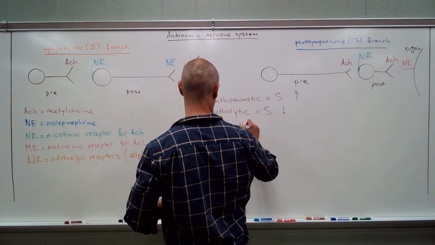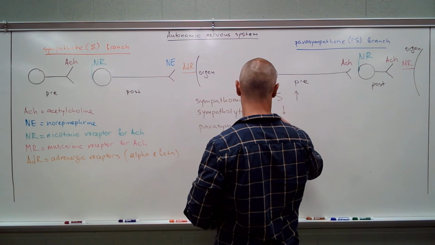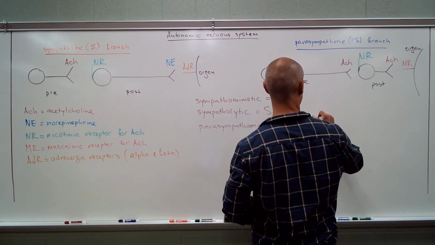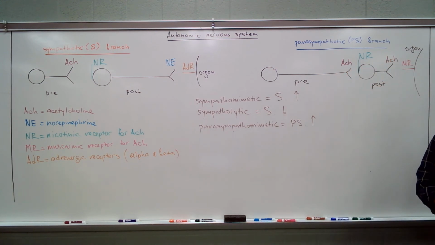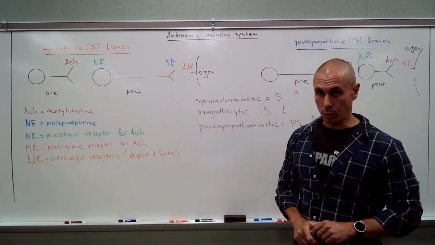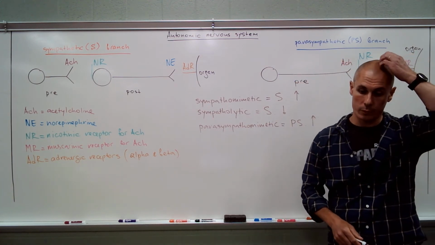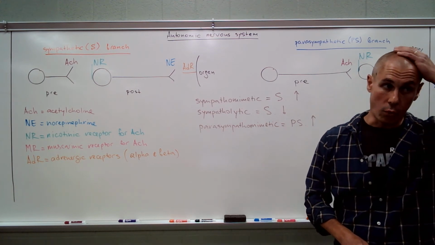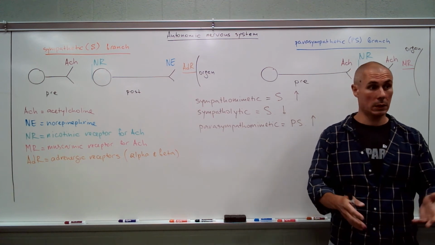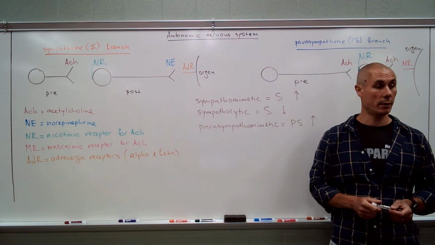In the same manner, parasympathomimetic will stimulate parasympathetic responses. I believe the drug is called bethanechol. It is used in patients who have issues with voiding, who can't pee. Bethanechol is used to help them void.